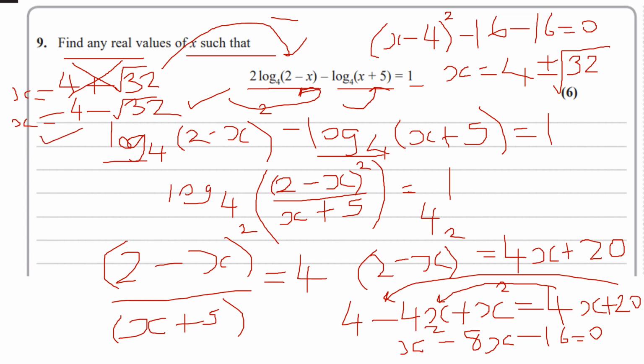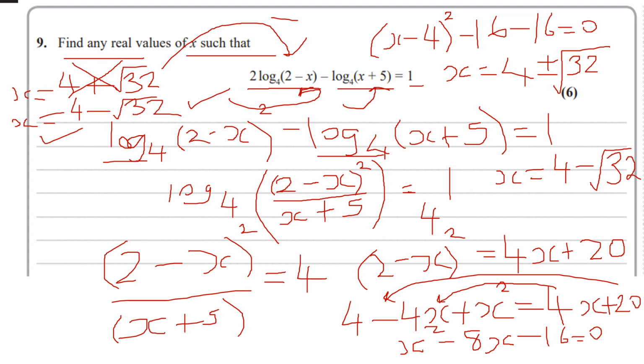So the only valid solution is 4 minus root 32. The other solution I had to disregard, because if I sub it into the first logarithm, I get a negative logarithm argument.